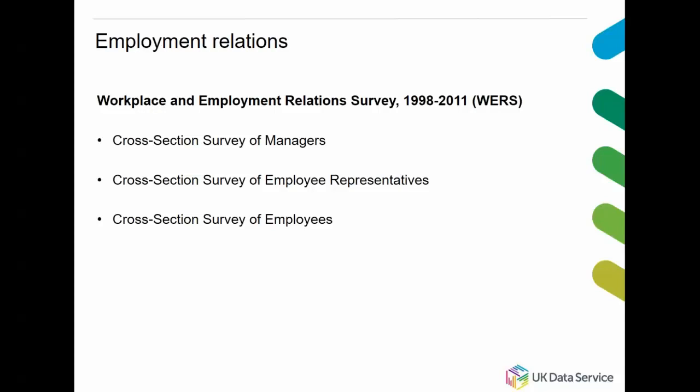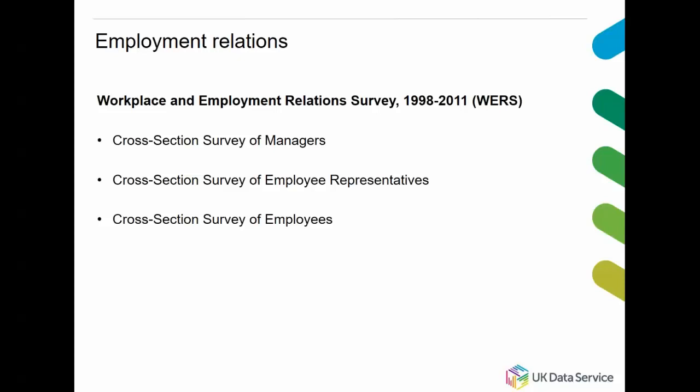Now the information from the cross-section survey of managers covers areas such as recruitment and training, consultation and communication, employee representation, pay determination, payment systems, grievance and discipline, equal ops, work-life balance, health and safety, flexibility, establishment performance, attitudes to work, all kinds of things. It's just a few of them.